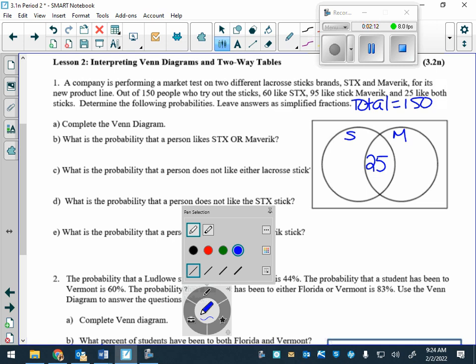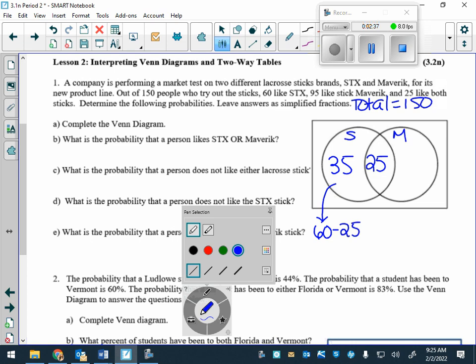So what is only 6? What is only 6? David, how'd you get it? Okay. So to find only, you take the total, which was 60, minus the middle.